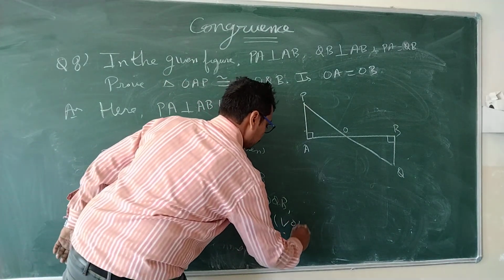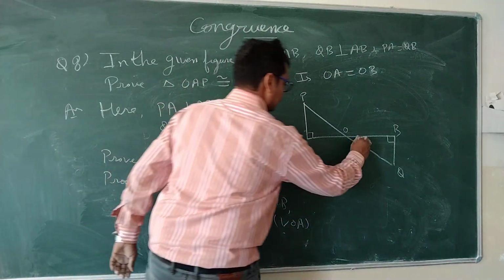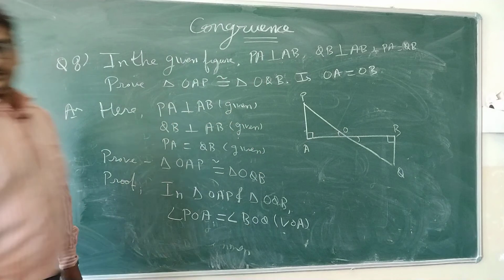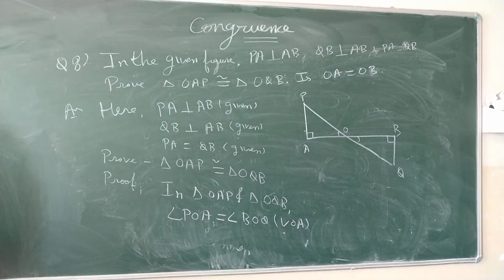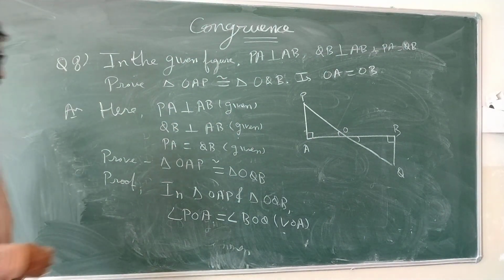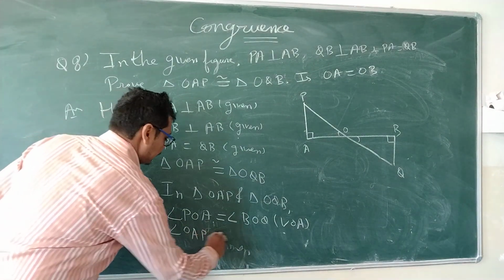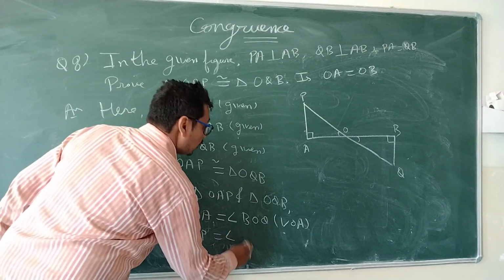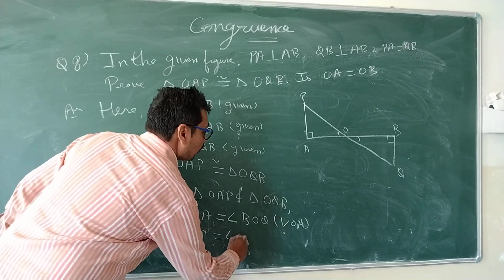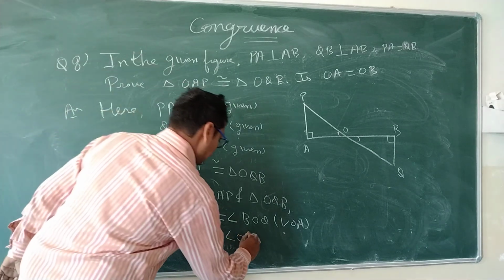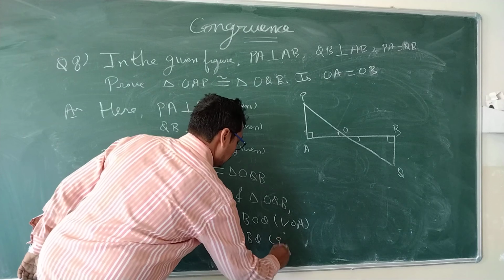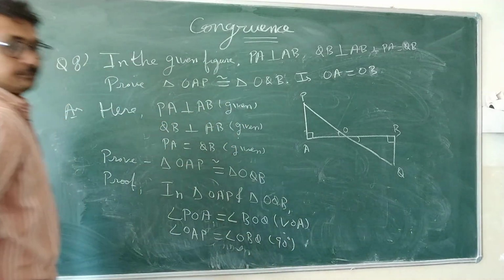This is vertically opposite angles. Angle OAP is equal to angle OBQ, 90 degree.